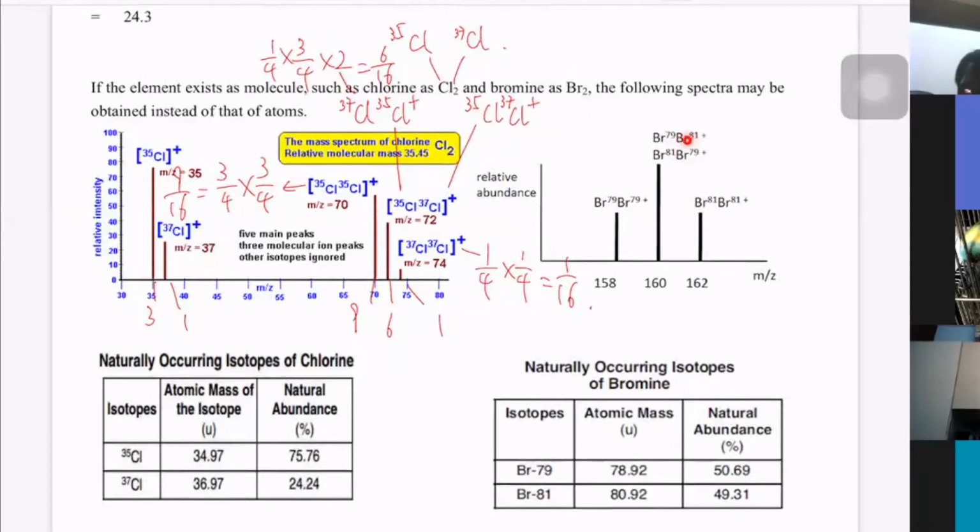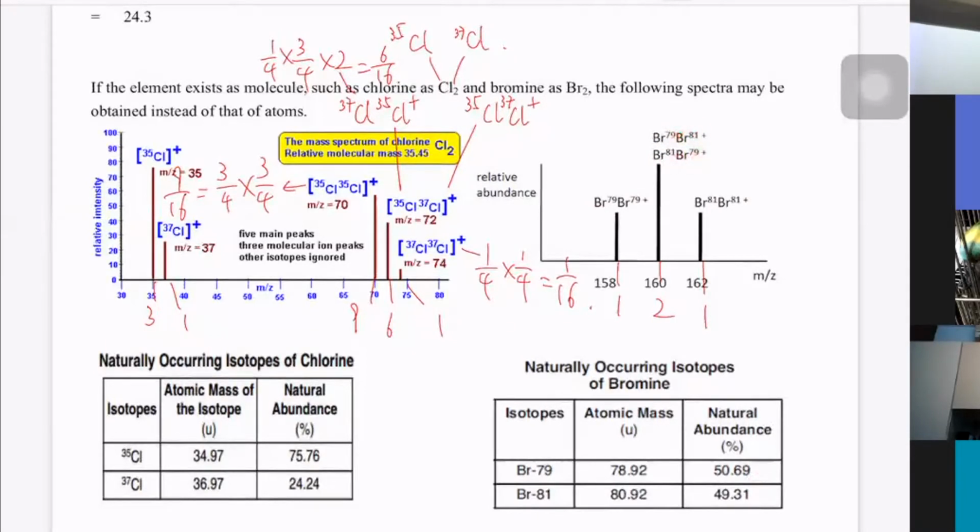And then for Br79 with Br81, it can have two combinations, so that gives you this ion. It's going to be double the abundance compared to the other two. So the ratio you could read from this mass spec is 1 to 2 to 1. Because it's a 1-to-1 ratio, there's equal chance of having two Br79, two Br81, or Br79 and Br81, or Br81, Br79.